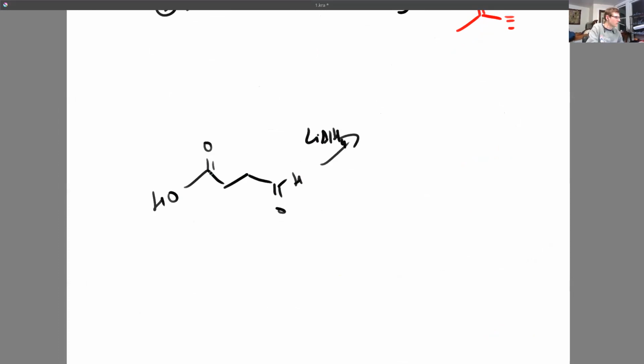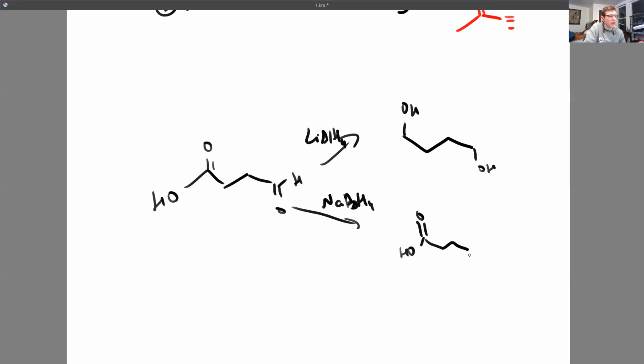First let's count carbons because these are always hard to remember. So 1, 2, 3, 4, good, right? It'll turn both sides into an alcohol. And then sodium borohydride is a bit gentler, so it's not going to be able to reduce that acid. I think you see the point: it makes one side an alcohol and the other side an acid.